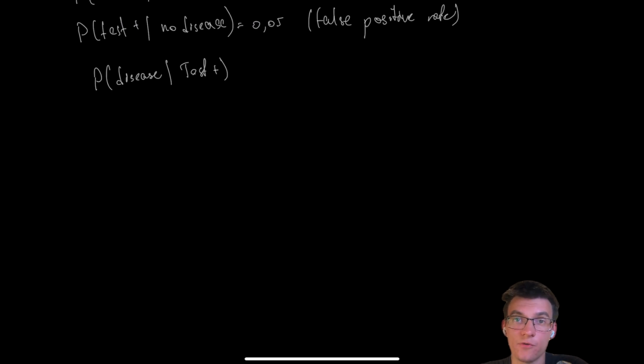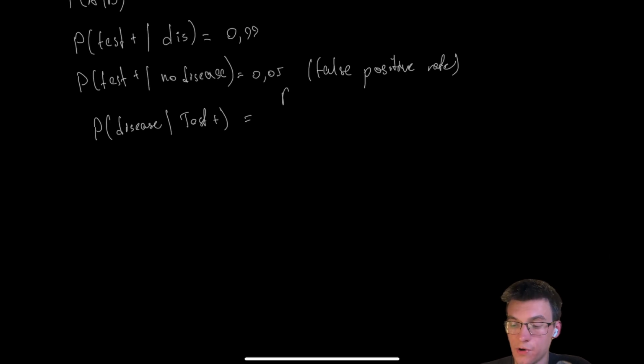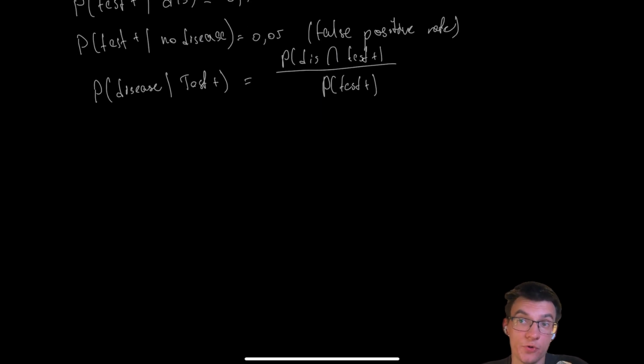So now let's derive the formula for Bayes' theorem based on our specific example. Let's start with the definition of conditional probability. The probability of having the disease, given that we have a positive test, will be equal to the probability of having the disease and at the same time a positive test, over the probability of having a positive test. Now we can take another look at the numerator and expand it.